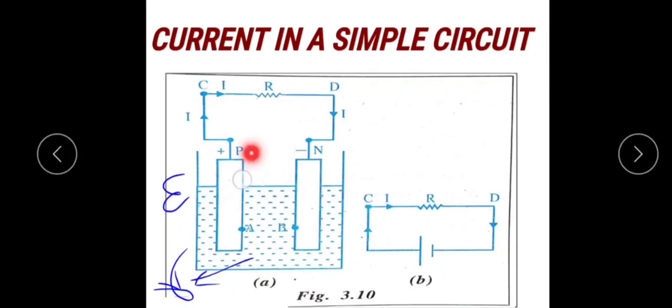See, the potential difference between the positive and negative terminal is taken as V. The potential difference can be defined and the formula written like this.